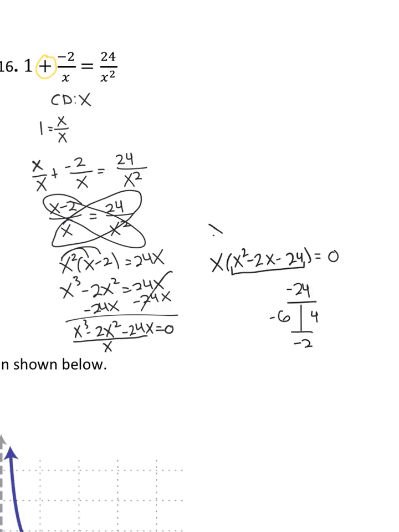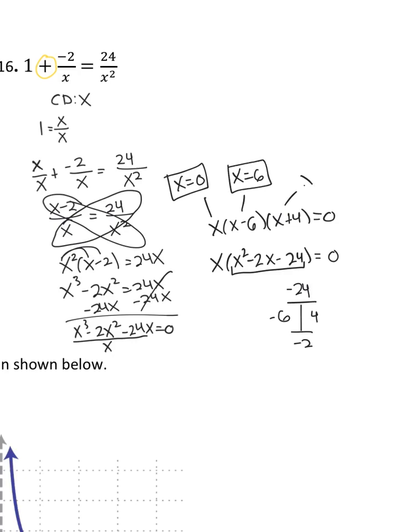So you've got x minus 6, x plus 4 equals 0. So I'm going to take all of these factors and set them equal to 0 to solve. So I've got x equals 0, x equals 6, and x equals negative 4.